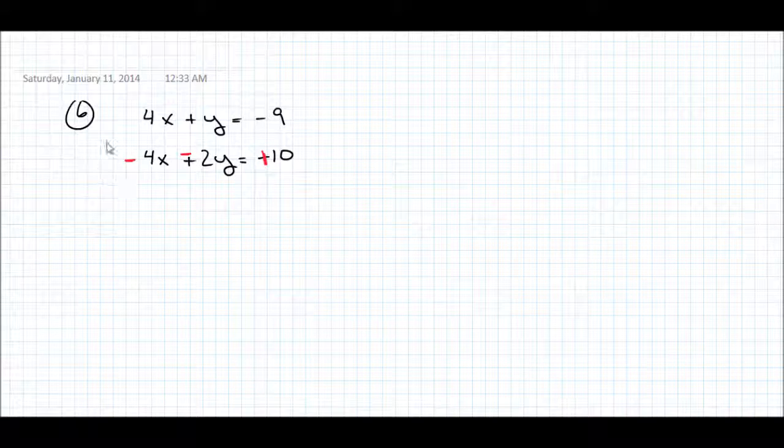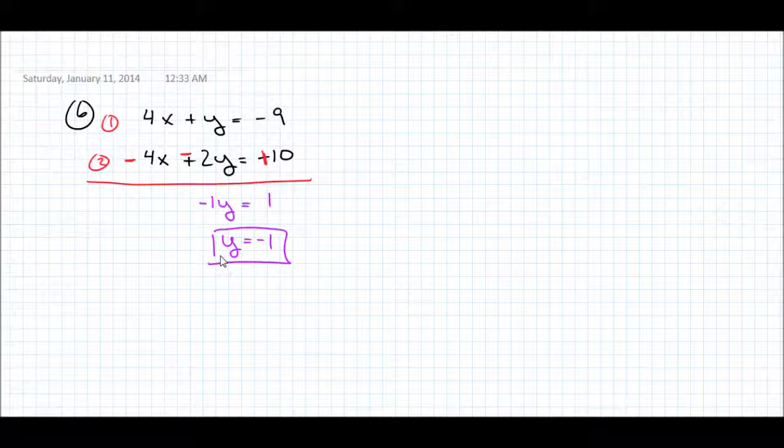So what we did was we changed equation 2's signs, we just flipped all the signs. So after we subtract them, 4x minus 4x is 0, y minus 2y is negative 1y, and negative 9 plus 10 is 1. So multiply each side by negative 1, so we get y is equal to negative 1.